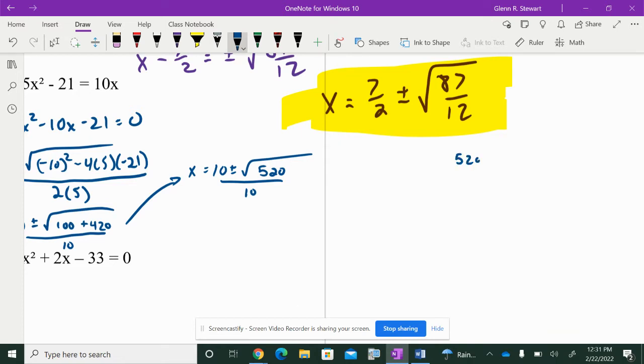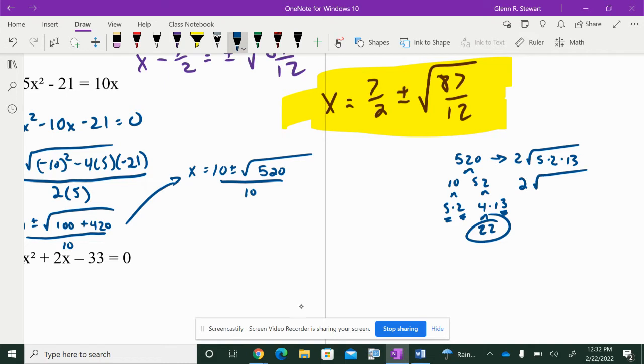So 520 is really 10 times 52. 10 is 5 times 2. 52 is 4 times 13, which is then 2 times 2. So this is really going to be 2 root 5 times 2 times 13, or 2 root 130.